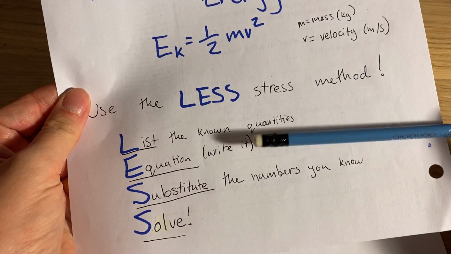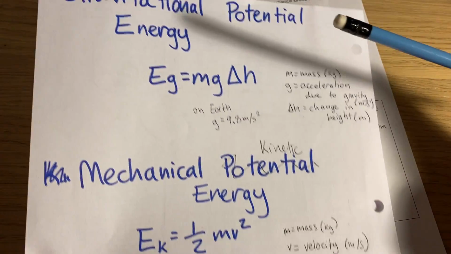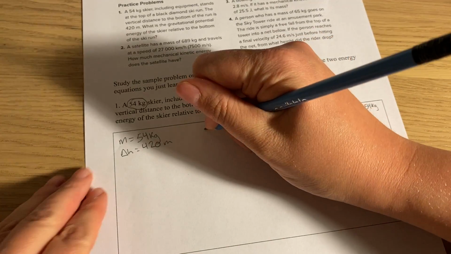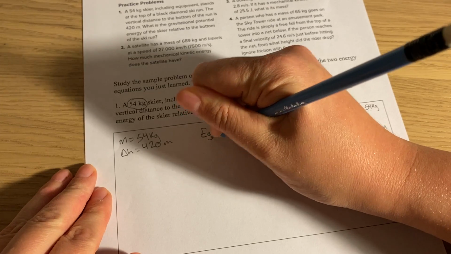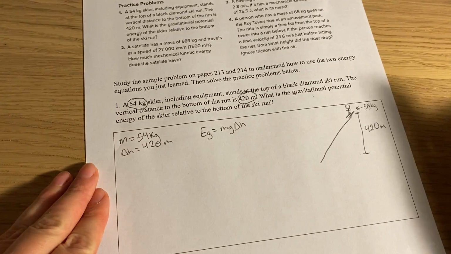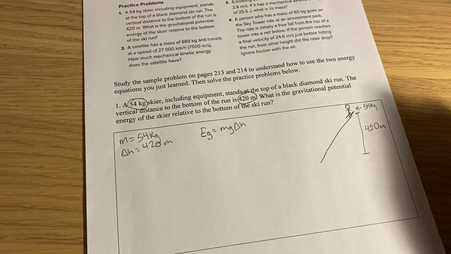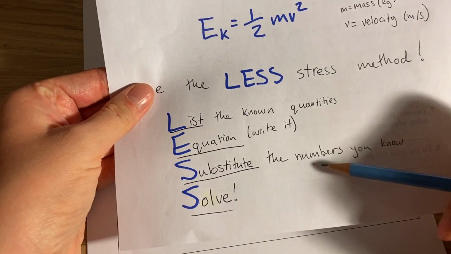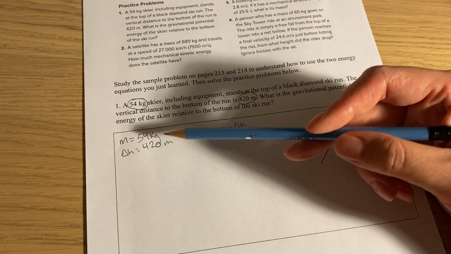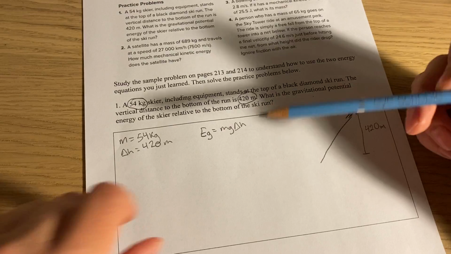The second step is write the equation. Because it's gravitational potential energy, we're going to write E_g equals mg delta h. Great, finish that step. Next is substitute. We take the numbers that we know and put them into the equation.